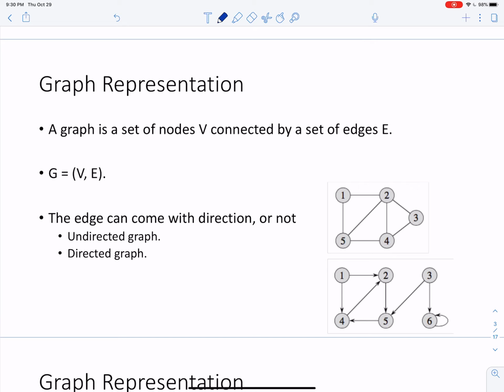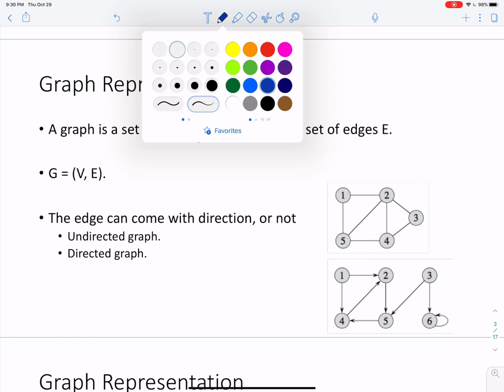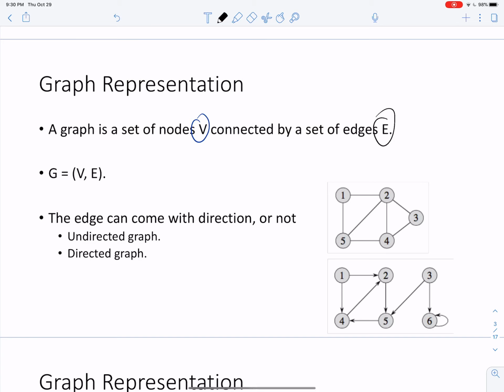Basically, a graph is a set of nodes that are connected by a set of edges. We use V to denote the set of nodes, whereas we use E to denote the set of edges. In total, we have G equal to (V, E), because we have two components, the nodes and the edges.